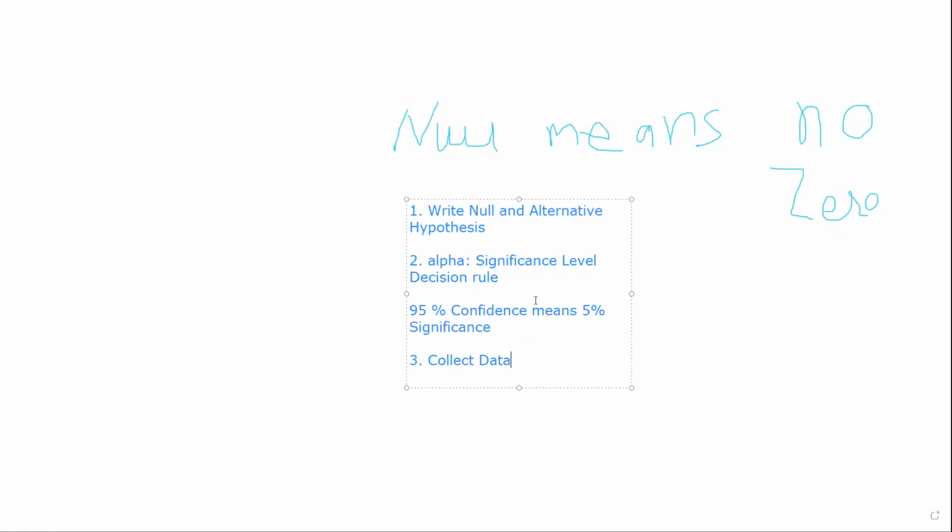Then fourth is test statistics. That means calculate t-value and p-value, that is, T, Z, or P, calculate statistics. Number 5 is accept or reject, basically we fail to reject or reject the null hypothesis.